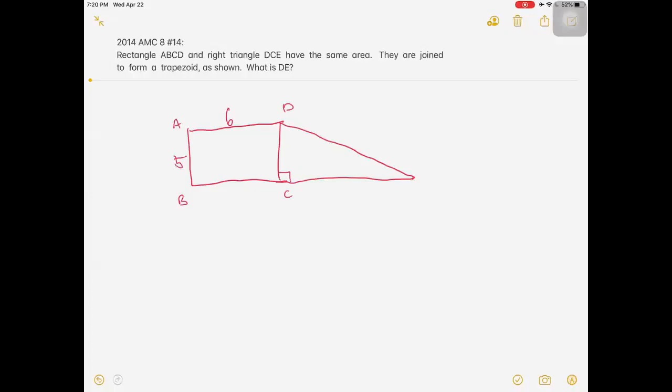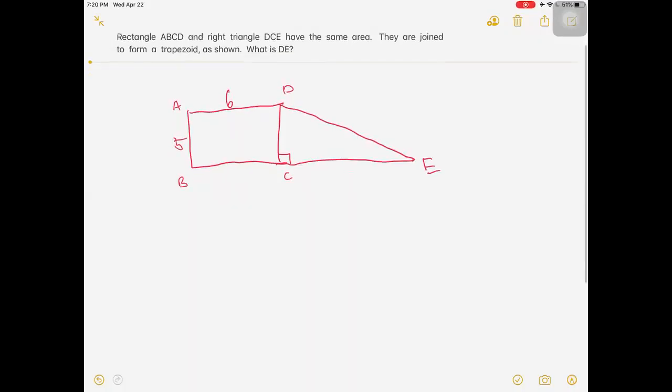Okay, so what they tell us is that rectangle ABCD and right triangle CDE have the same area. So first, let's find the area of rectangle ABCD. That's just going to be the length times the width, which is just 30.